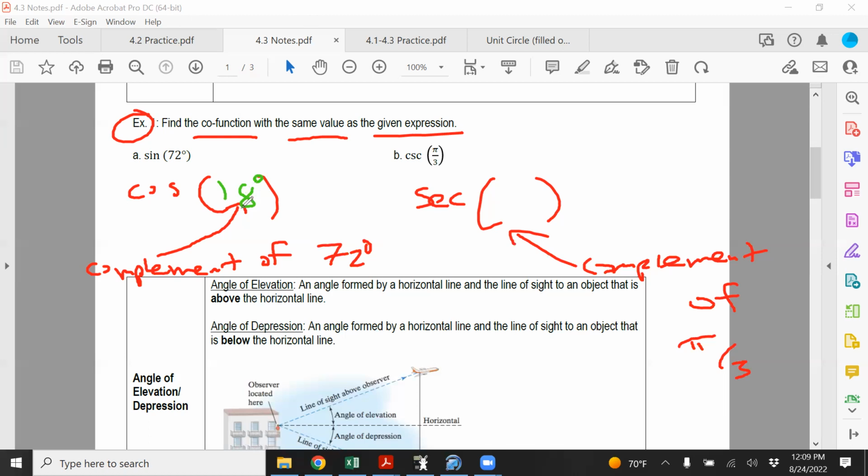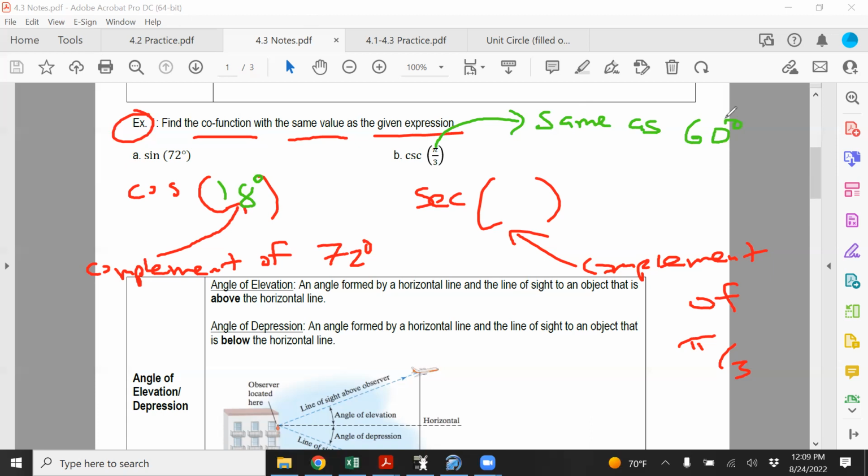Now, pi over 3 is a little tricky. It's a little harder to work with radians. We're still trying to get our bearings straight with radians. But if you think about it, you have a unit circle. That's same as 60 degrees, right? We've talked about that. If you locate pi over 3, you'll see it's 60 degrees. What's the complement of 60? 30.